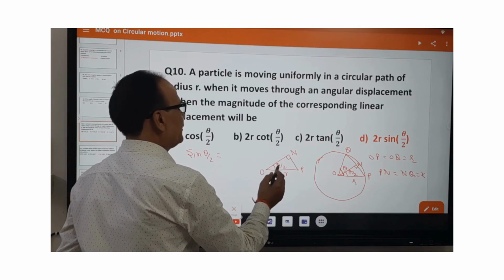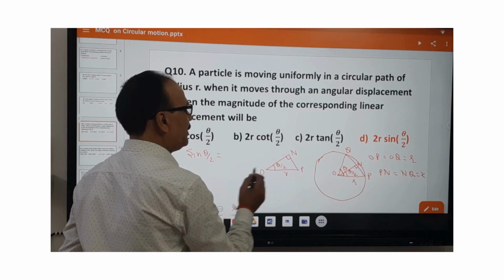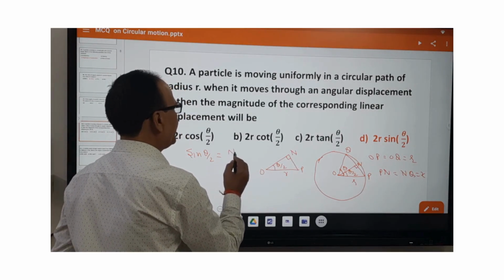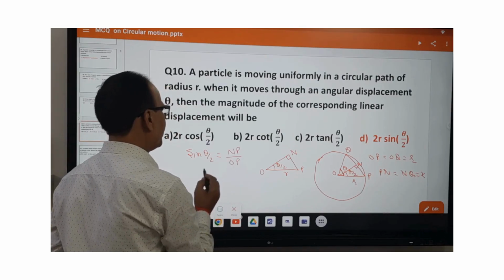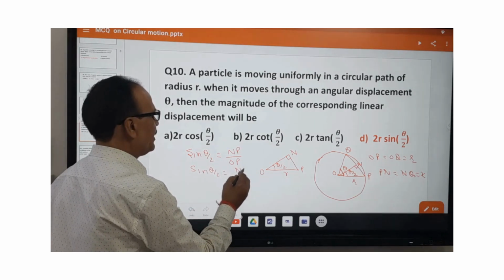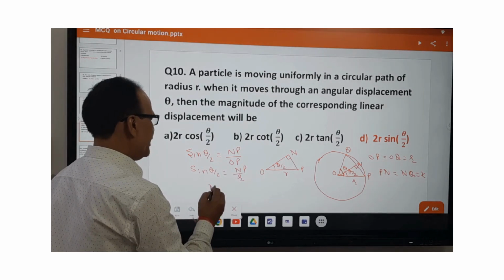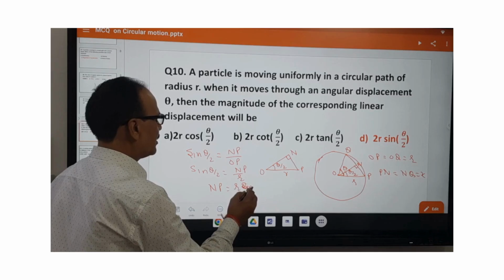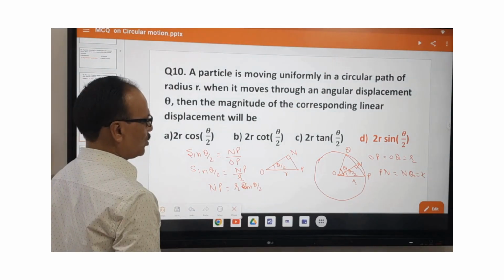So for this angle theta by 2, NP is the perpendicular. So NP upon OP. So sin theta by 2 is equal to NP upon R. So NP is equal to R sin theta by 2.